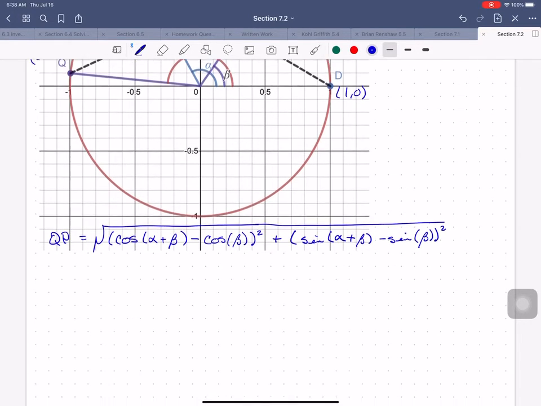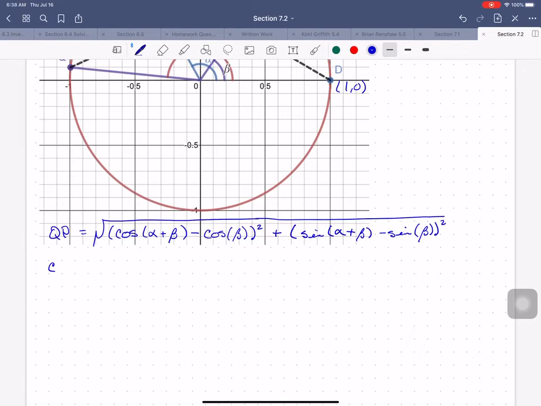And we can write the distance from point C to point D. That's the square root of the difference in x coordinates squared plus the difference in y coordinates squared. And the fact that those two distances are equal means we can set up this equation.